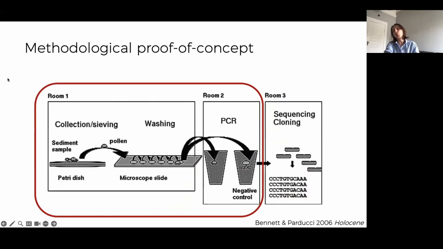But there is a methodological proof of concept, and it comes from Bennett and Parducci from 2006. So what they did, and I'll just explain briefly, is they would manually prepare micropipettes by extending regular glass pipettes over flame. And then they would take those micropipette tips, go into a sediment sample and extract individual pollen grains, one by one, all manually.